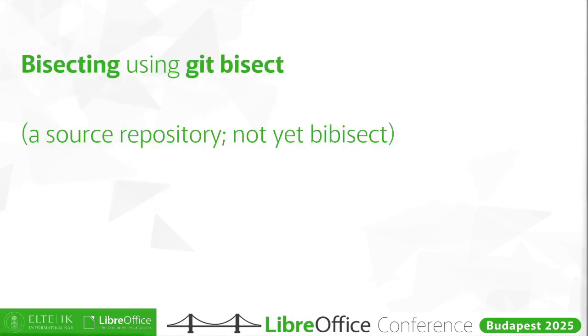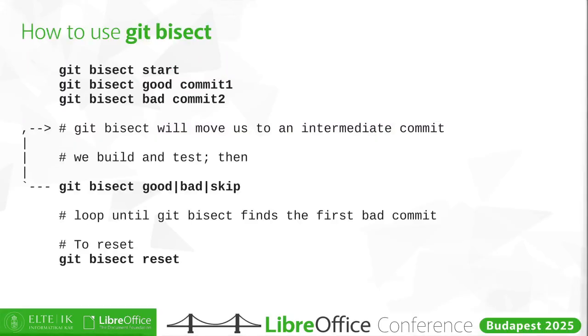Now, I'm going to show what bisecting looks like using Git Bisect. Very quick mockup. First, the commands. You do git bisect start, and then you need to tell Git the last known good and the first known bad commit. So what was the last blue ball, and what's the first known red ball?